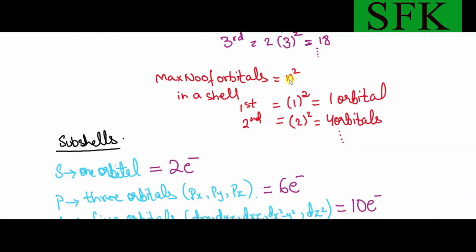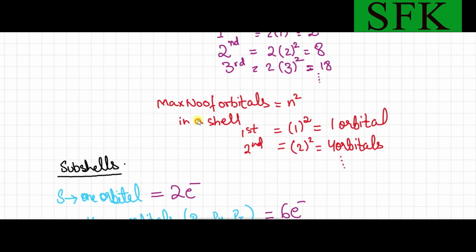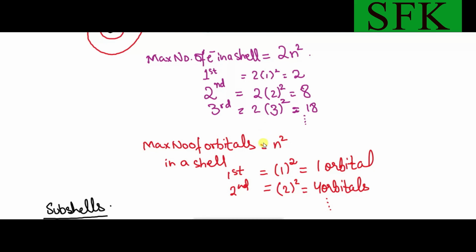It's given by the formula n squared. So the first shell, just plug in the value of n as 1, contains only one orbital. The second shell contains 2 squared, which is 4 orbitals. The third shell would contain 3 squared, being 9 orbitals, and so on. These two formulas are very important, so you must remember them.